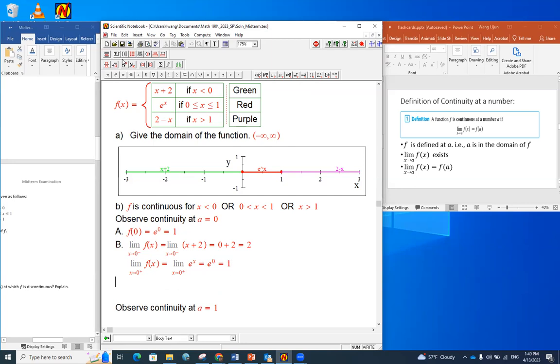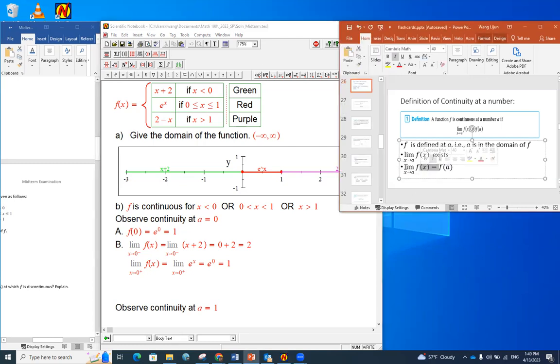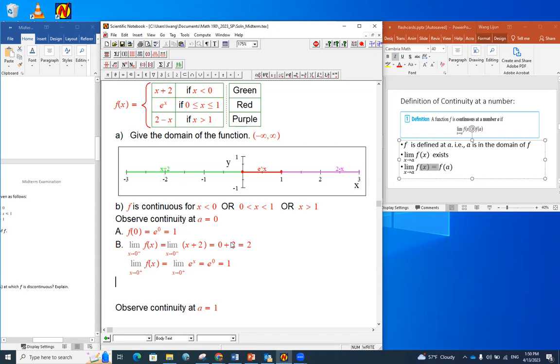And you can say, oh, the limit from left and the limit from right are not the same. In fact, because we have so much evidence, we can actually quote that the limit from right or the limit from left is not the same as the function value at the point.